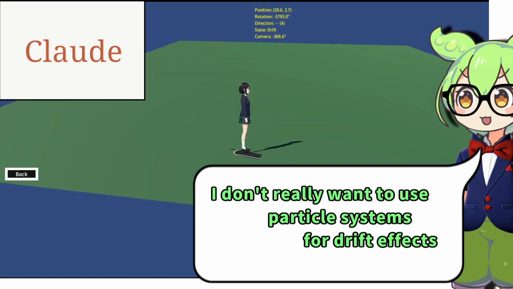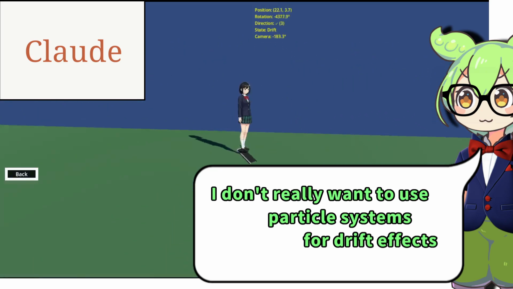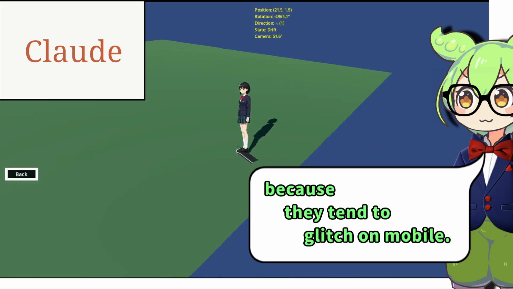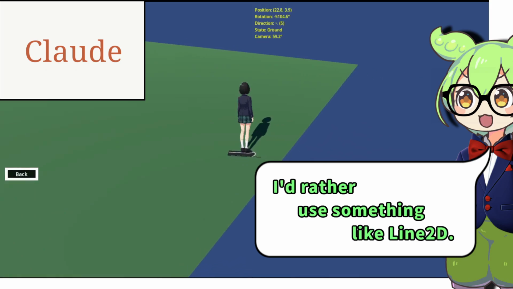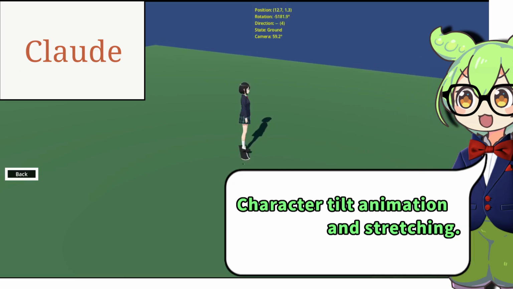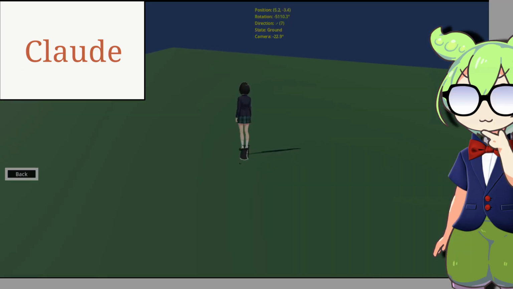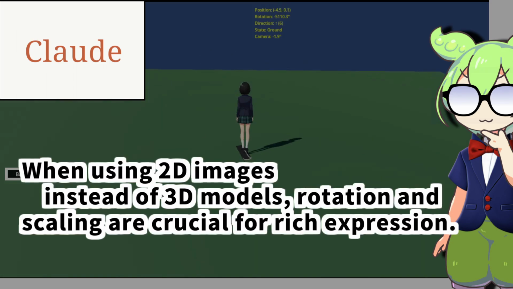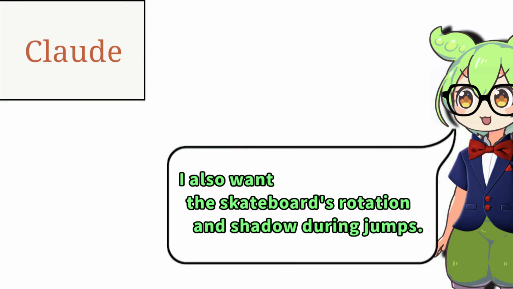I don't really want to use particle systems for drift effects because they tend to glitch on mobile. I'd rather use something like line 2D. I do want skateboard tilt, character tilt animation and stretching. When using 2D images instead of 3D models, rotation and scaling are crucial for rich expression. I also want the skateboard's rotation and shadow during jumps.